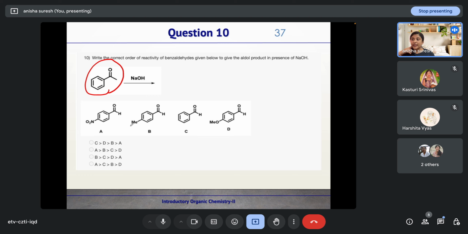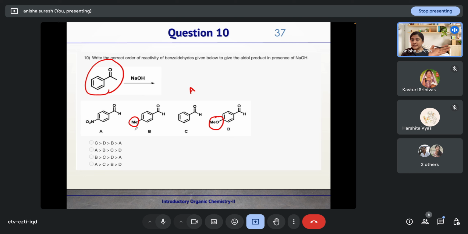So which will be the more electrophilic aldehyde? A will be the more electrophilic aldehyde, so this will have higher reactivity. Now this methyl group and OMe group will have an inductive effect.